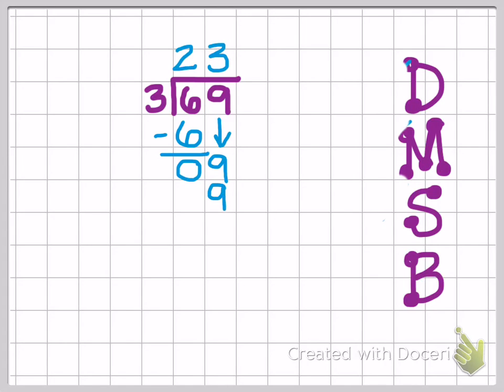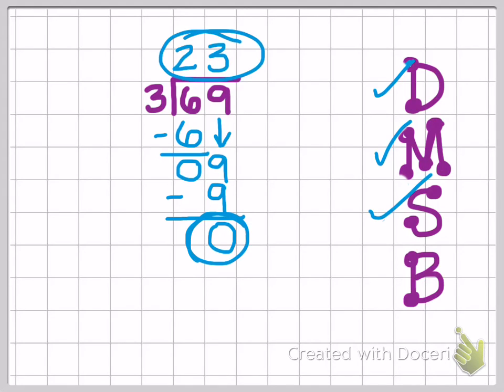Place it right under here. Okay, our next step is to subtract. 9 minus 9 is 0. We don't have anything left, and we don't have another digit to bring down, so we know we have found our answer, 23.